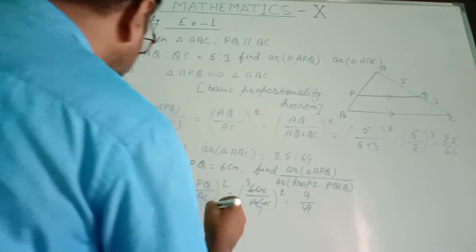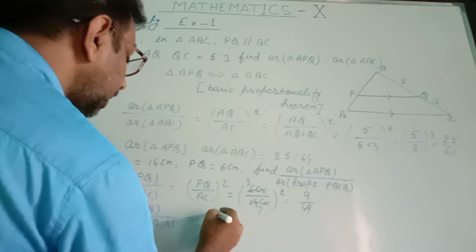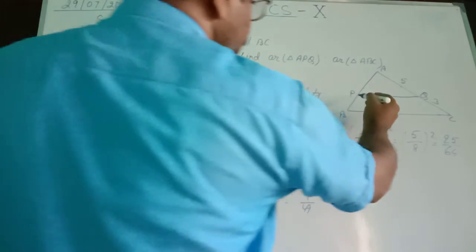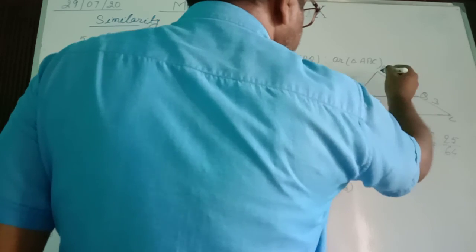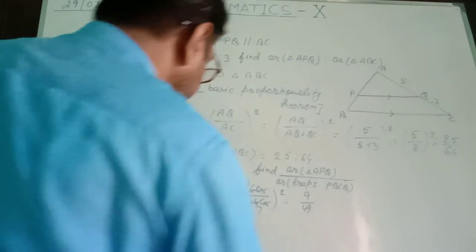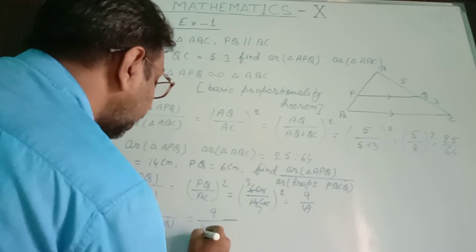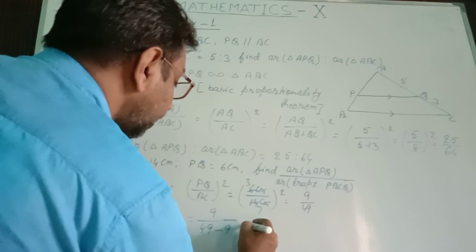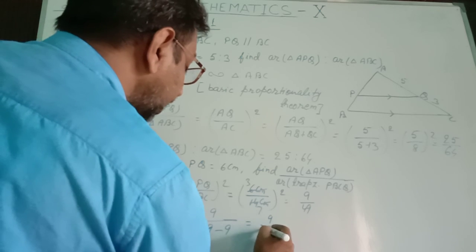We have got area of triangle APQ equal to 9, and for area of PBCQ, this much equal to area of triangle ABC minus area of triangle APQ. So if area of triangle ABC is 49 and area of triangle APQ is 9, I subtracted to get the area of trapezium PBCQ. This became equal to 9 by 40.